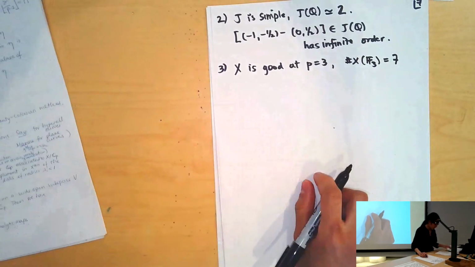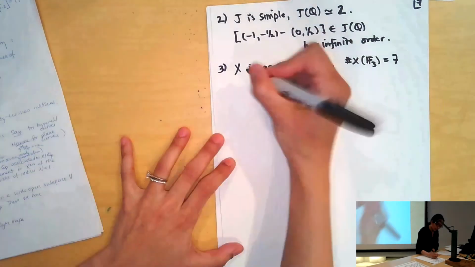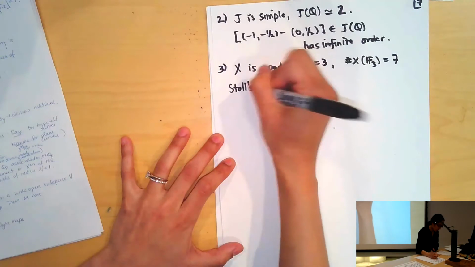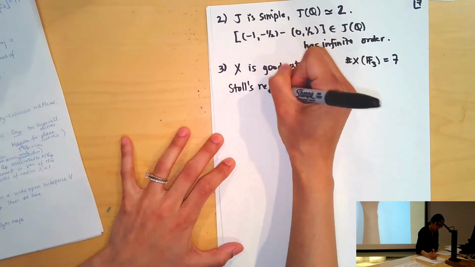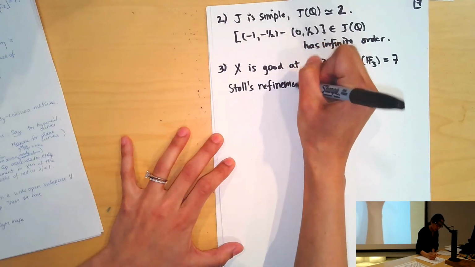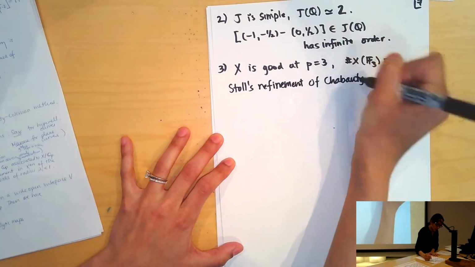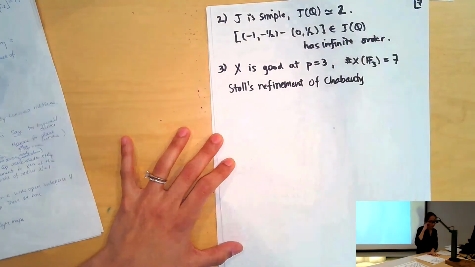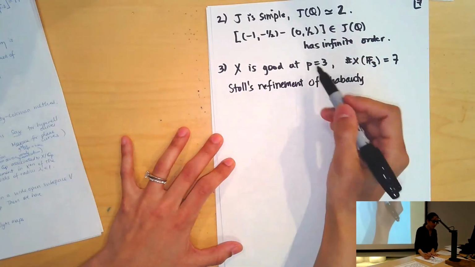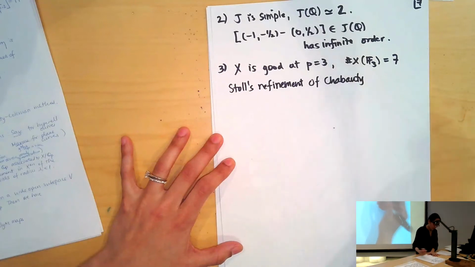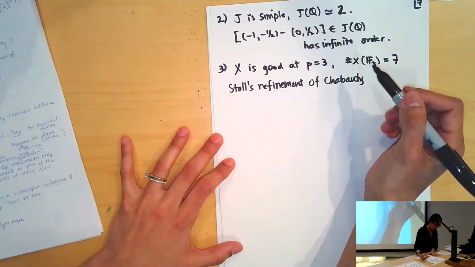I used Stoll's refinement of Chabauty-Coleman here. Remember, for the classical effective Coleman bound, we need p to be greater than 2g. That won't work, so let's use what Stoll did.